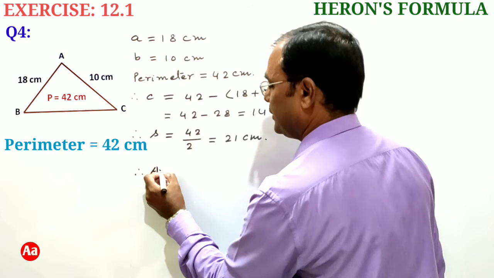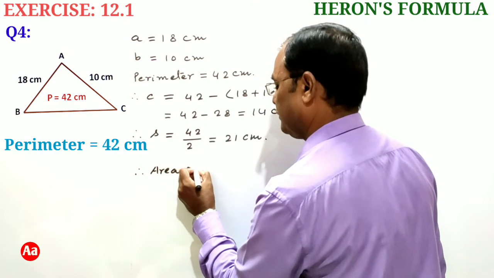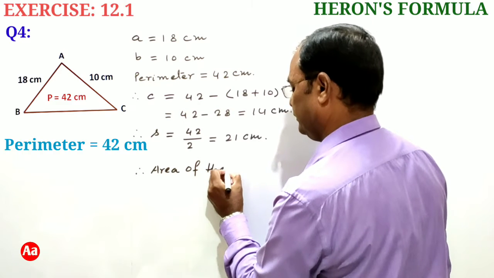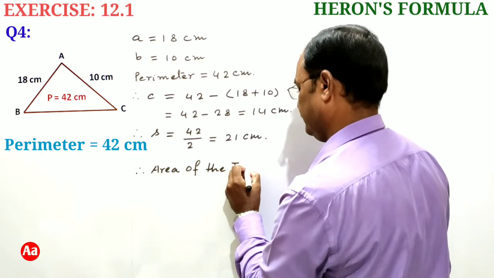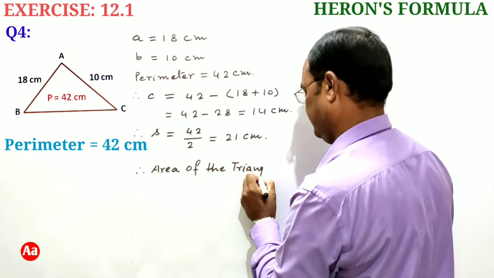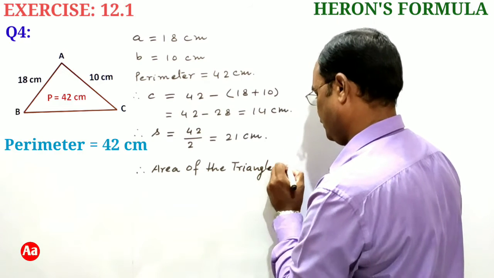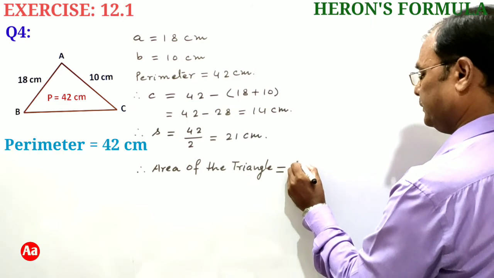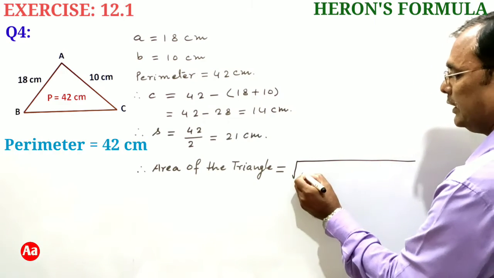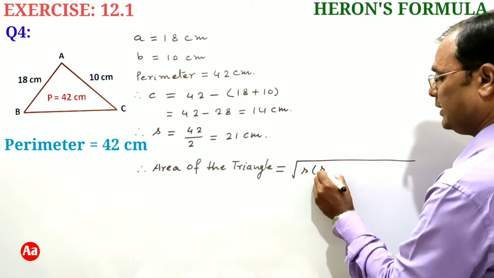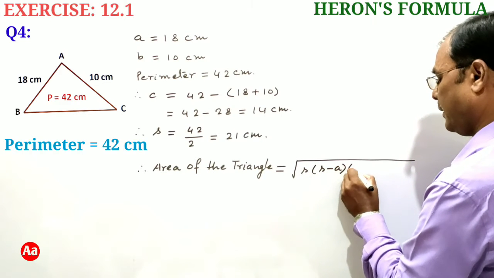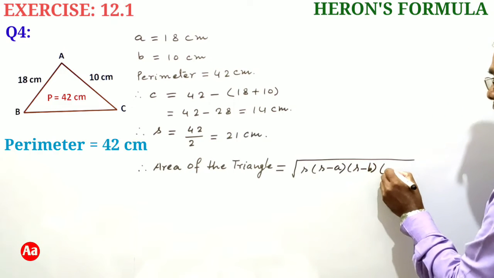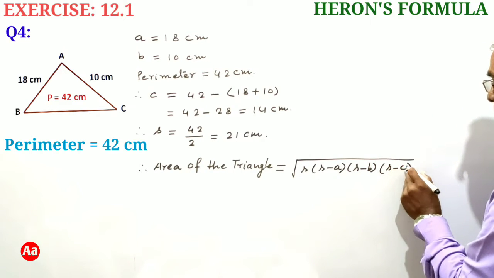Therefore, area of triangle is equal to, Heron's formula, under root s into s minus a into s minus b into s minus c.